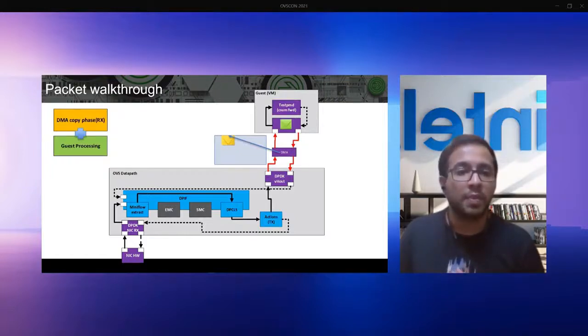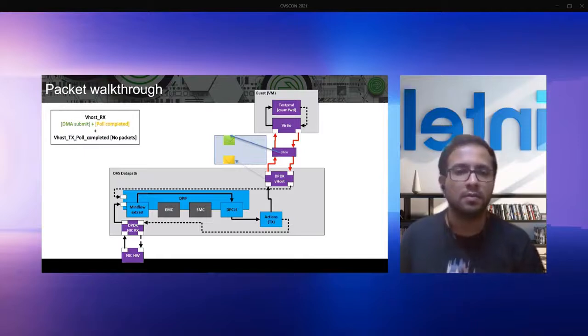As the DMA copy happens for the yellow packet from the guest to the host, the VM starts to process the second green packet. After a while, OVS again polls the vhost RX interface and finds that a packet is waiting for OVS to be consumed.